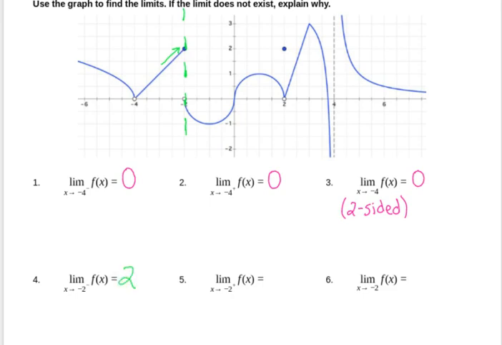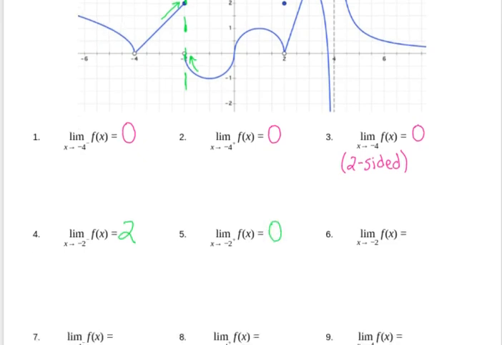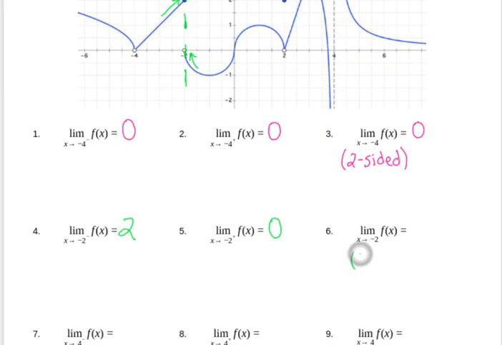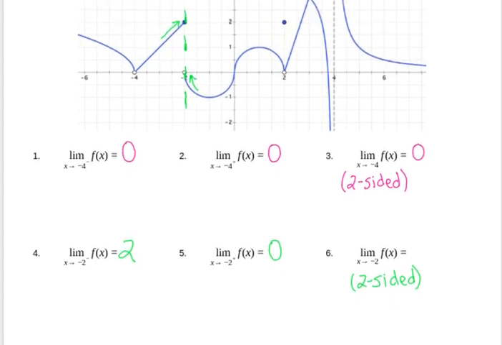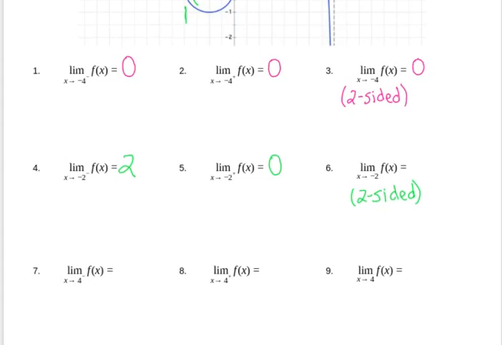Limit of f of x as x approaches -2 from the right side, so now I'm going to be looking down here. That one is approaching 0. And now for number 6, I'm looking at that two-sided limit again. Since the left limit is 2 and the right limit is 0, this limit does not exist.